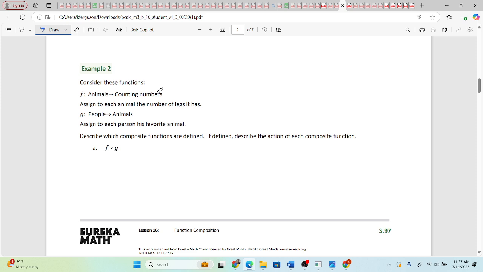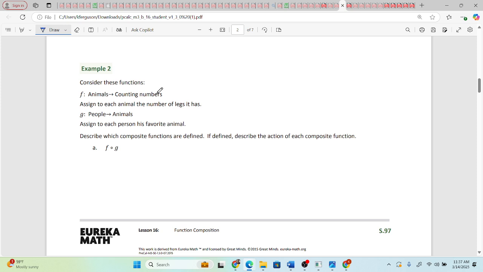If I input the animal, I should get out the number of legs they have. If I said kangaroo, 2. They have 2 legs. They have 4 appendages, but we're talking about legs.